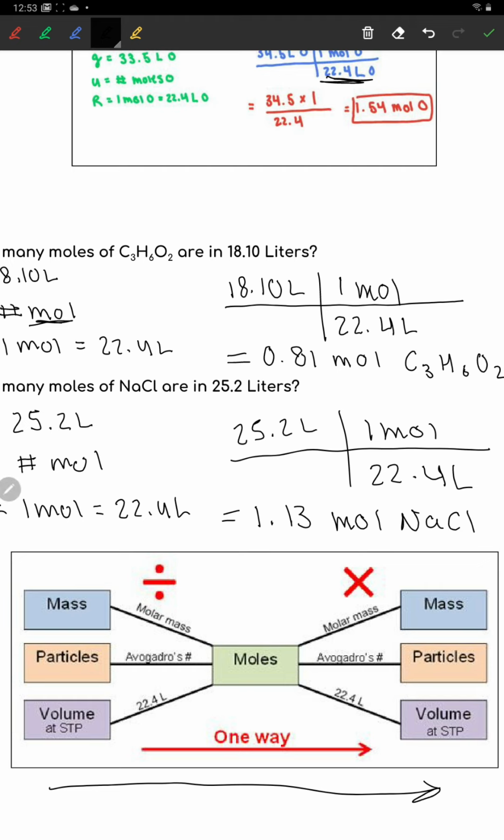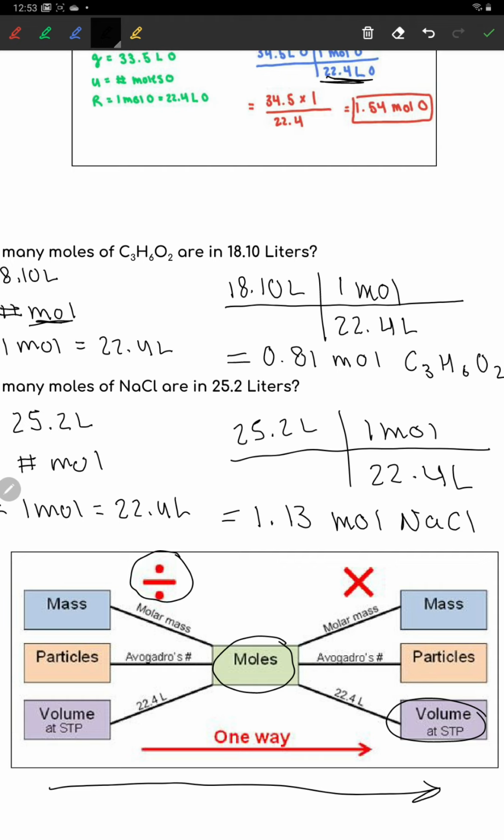So if you're given a volume and it says it's at STP, you can divide whatever that is by 22.4, you get moles. Now, say you start at moles, so you start here, you can use the 22.4 value to get to volume. So you'll read it left to right.